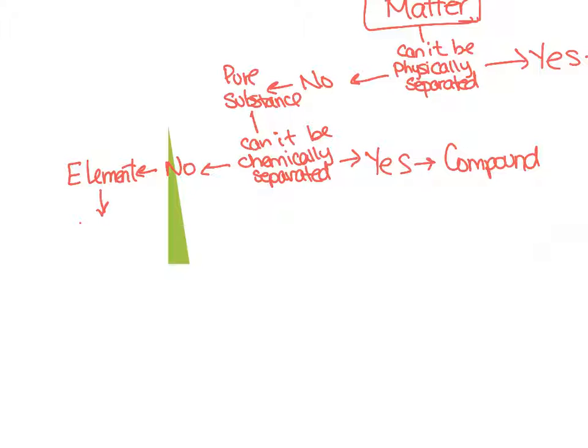They consider the elements to be the building blocks of all matter. They are on the periodic table. And so an example, I'm just going to write down carbon.